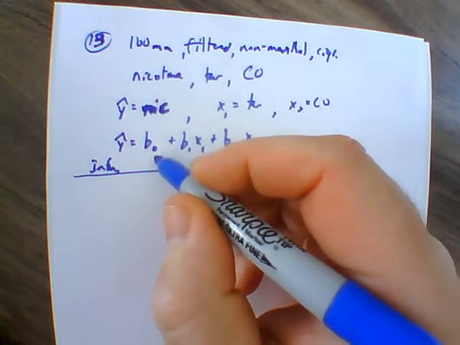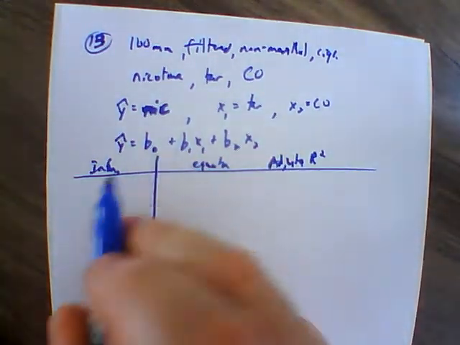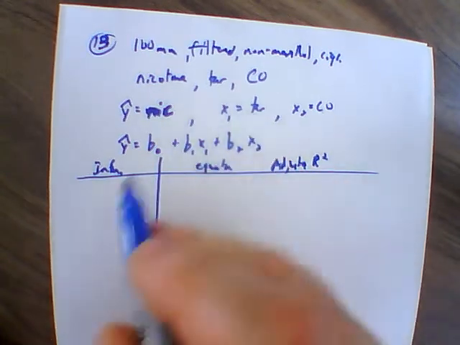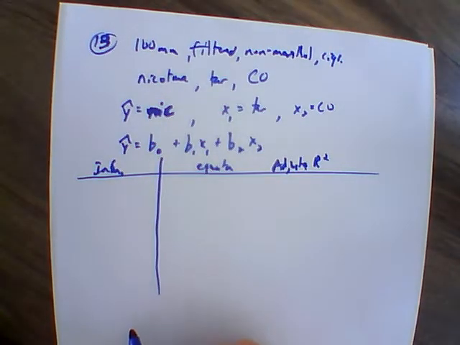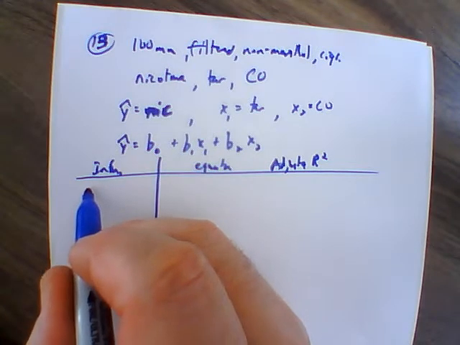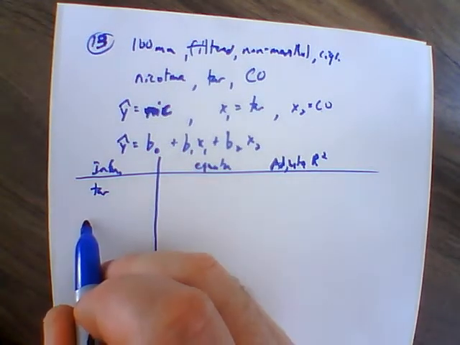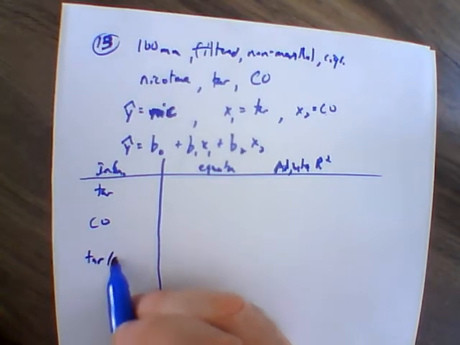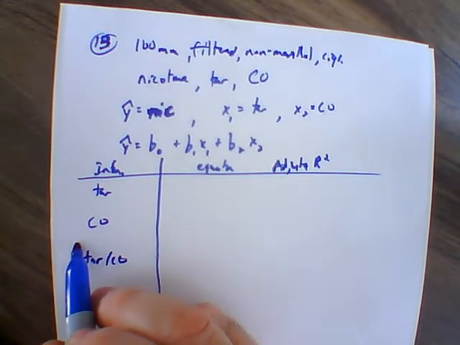Then we'll formally define what we have going on. So we can start off by writing the single ones, or we can start both and work our way down, whichever way we want to do it. I'm just going to go like this and go tar, carbon monoxide, and then we have tar and carbon monoxide.